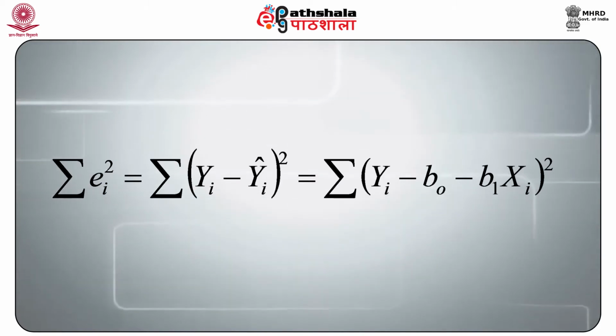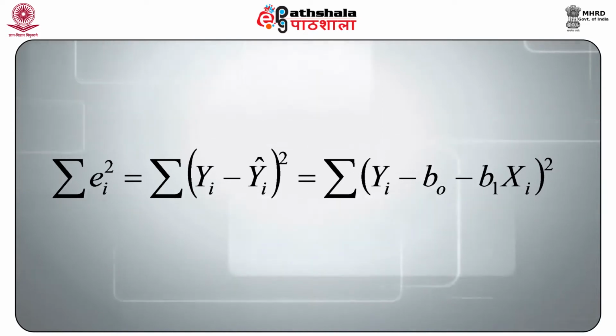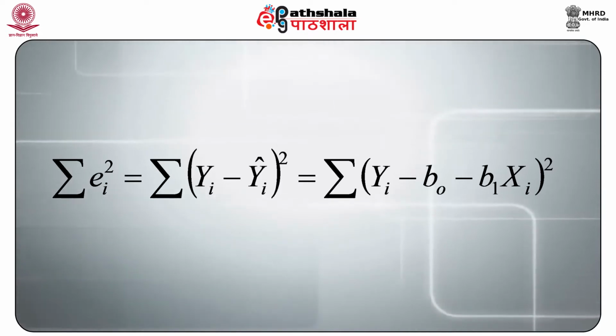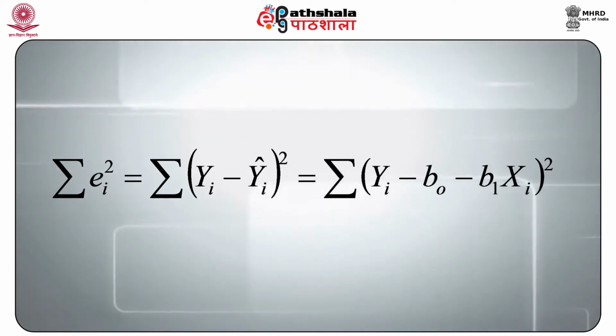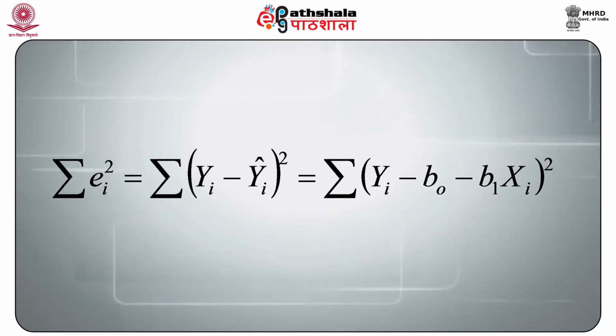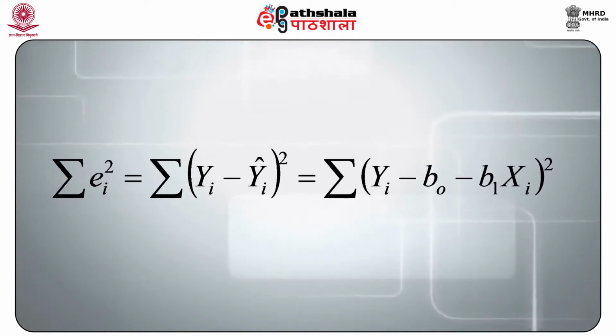Now here we divide by n minus 2, because while estimating the value of summation ei square, which is equal to summation of (yi minus y hat) square and is equal to summation of (yi minus b0 minus b1 xi) square, we have two constraints: we need to first calculate b0 and b1 before we can obtain summation ei square.